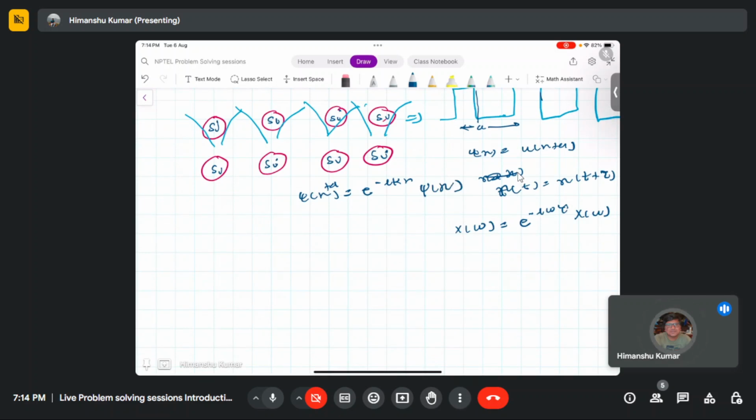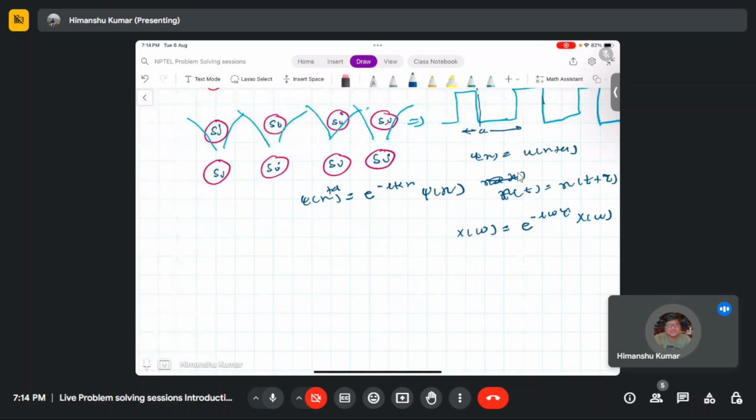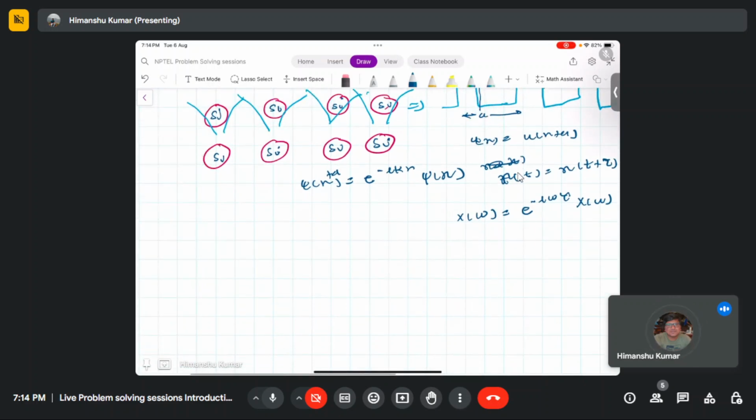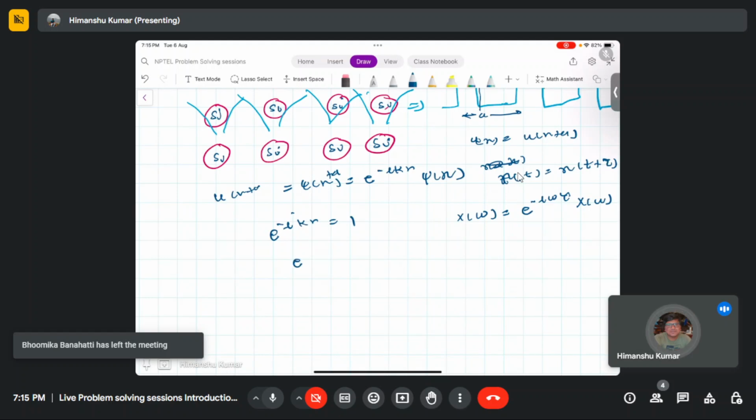With the Bloch theorem, psi of x plus a equals psi of x. Then this exponential of i k a will become 1, so you can write it as the exponential of minus i times 2 pi.